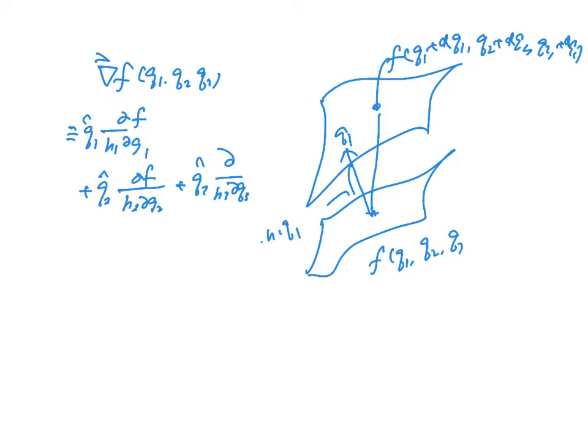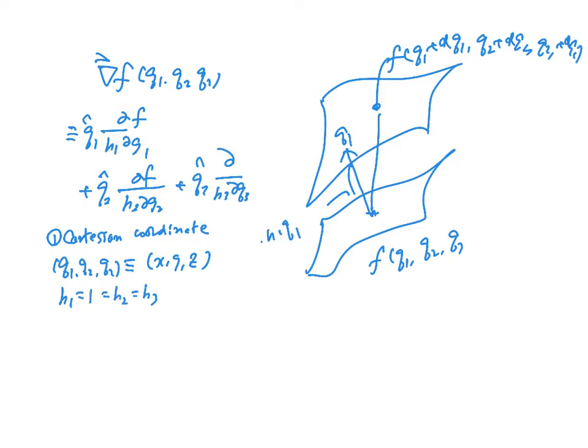So in Cartesian coordinate, Q1, Q2, Q3 is defined as x, y, z, right? And H1 is 1, H2, H3 are 1.